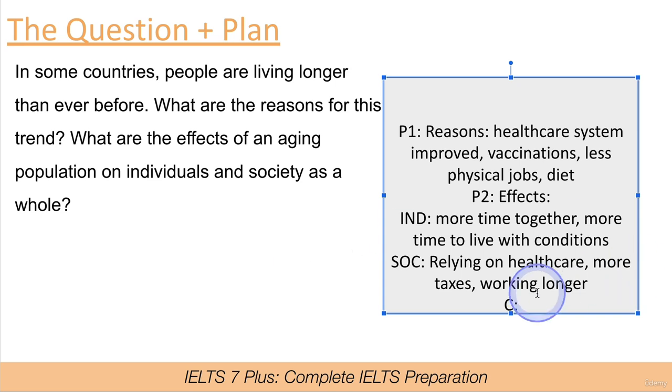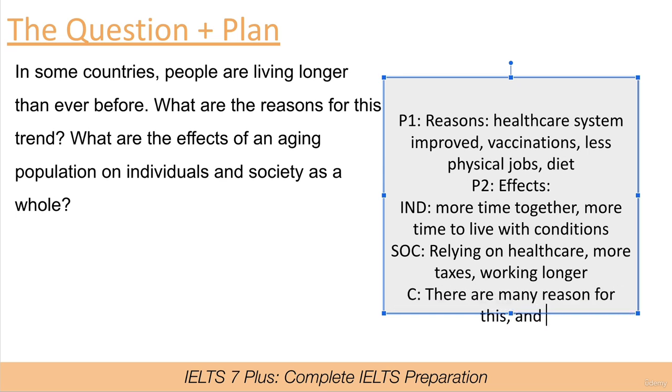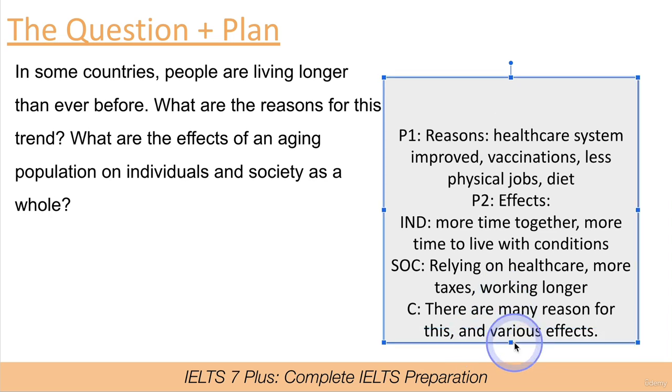Okay, so in our conclusion, we're just going to restate a reason and a couple of effects. So there are many reasons for this and various effects. And of course, we'll elaborate in the essay. Okay, there we go.